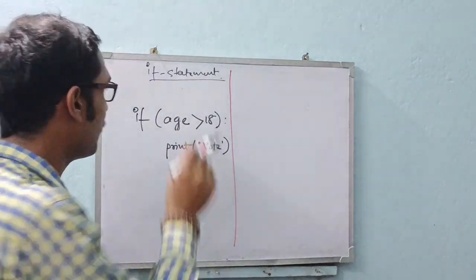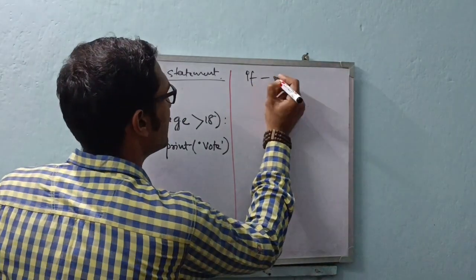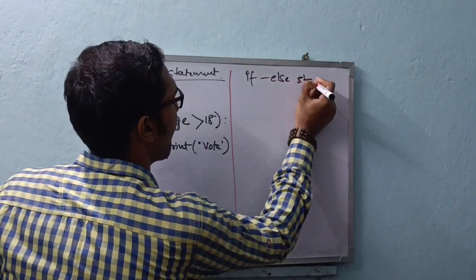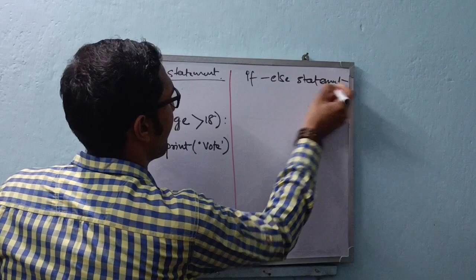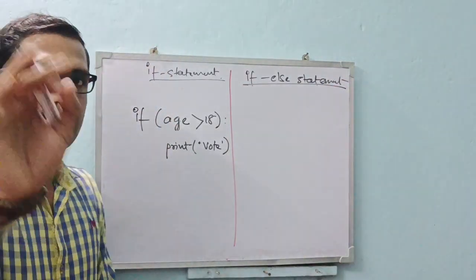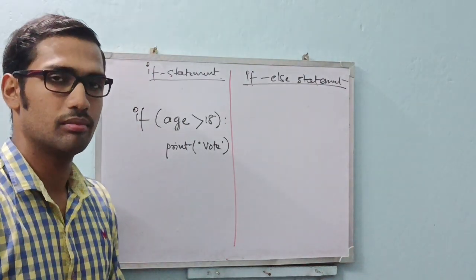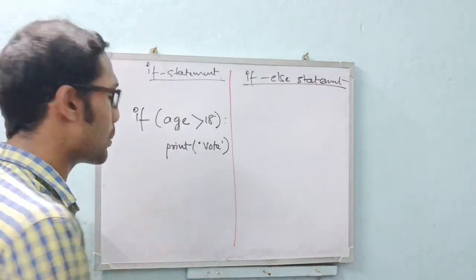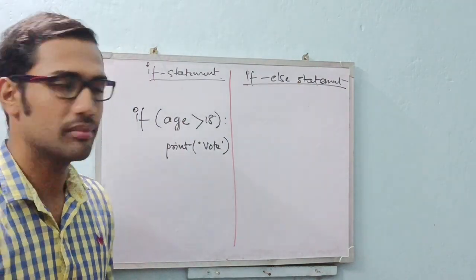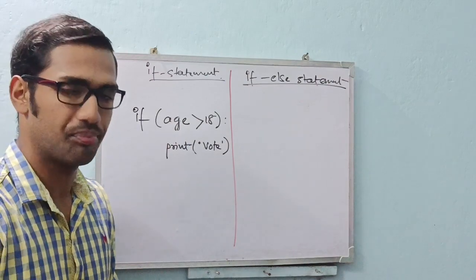I would be writing the same code with if else statement. Now suppose the age is less than 18, then what would happen in this particular case? Simply nothing. Why? Because we don't have any code for the less than 18 part.